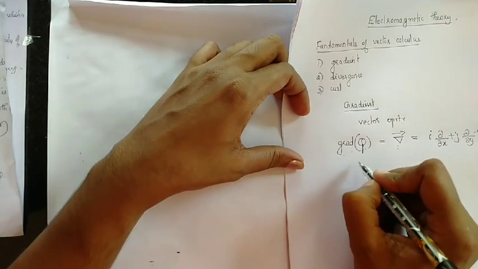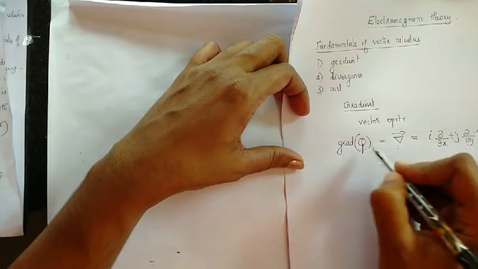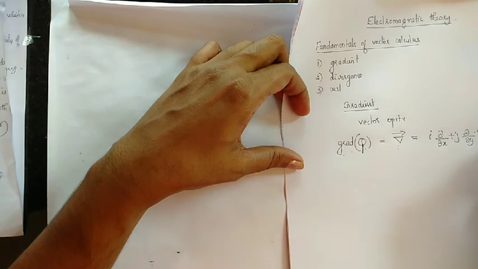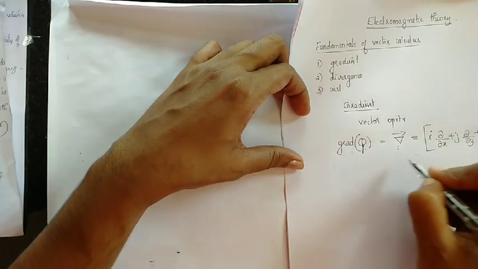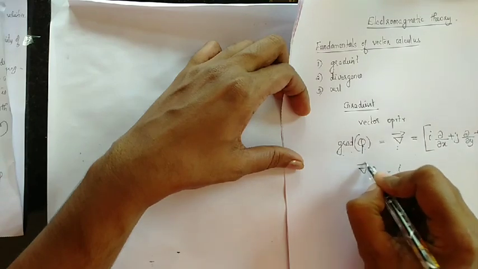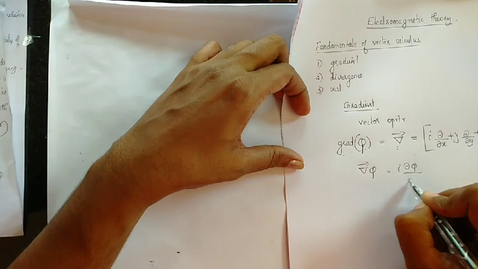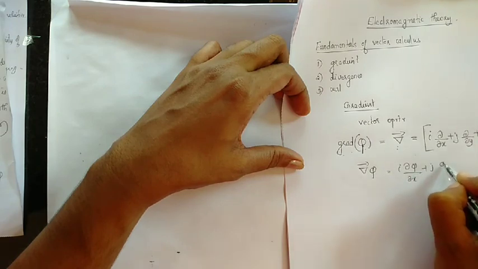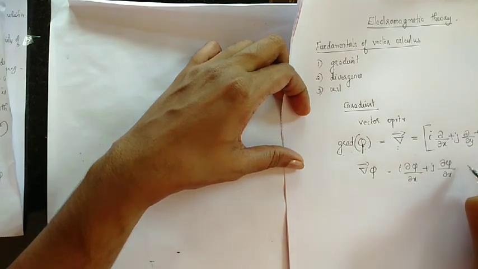So when del acts on phi, del phi becomes i into dou phi by dou x plus j into dou phi by dou y plus k into dou phi by dou z.